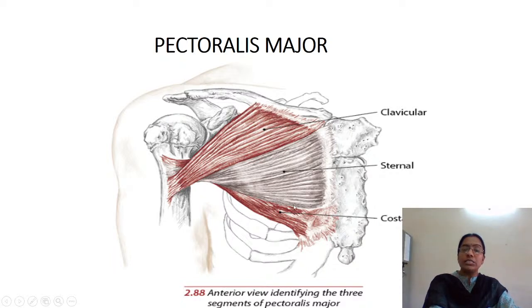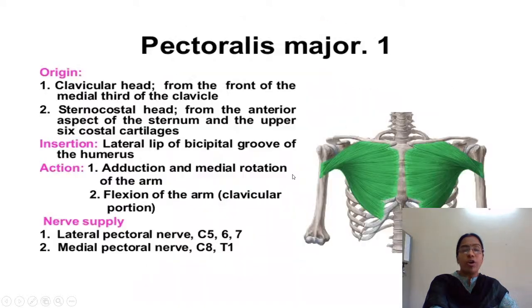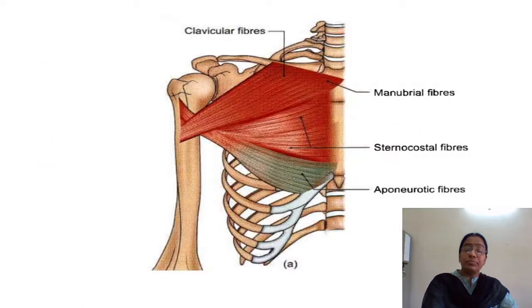The origin has different parts. Some of the pectoralis major arises from the medial part of the clavicle, some from the anterior lateral part of the sternum, and some from the external aponeurosis of the abdominal muscle. So the origin is broad, and the insertion is very narrow.